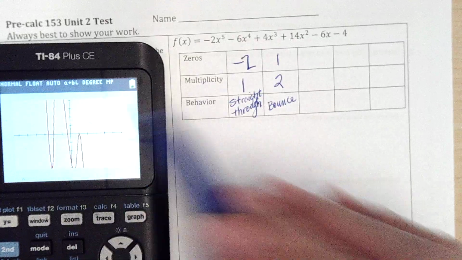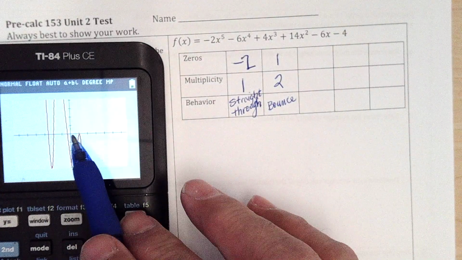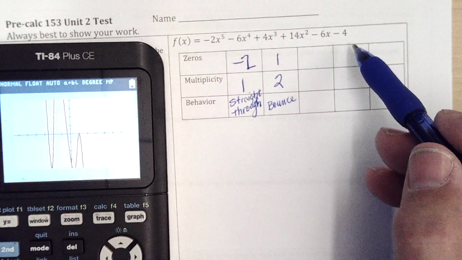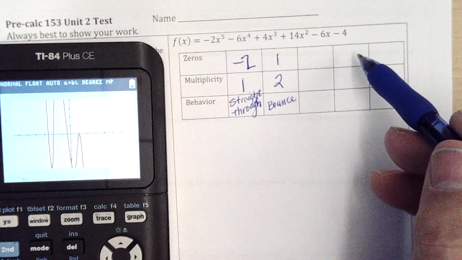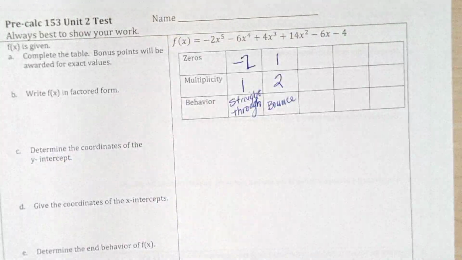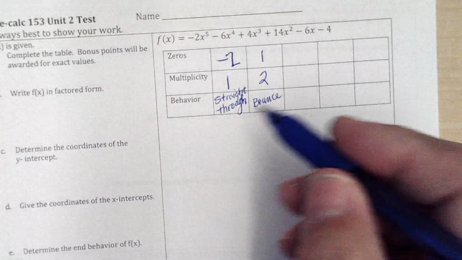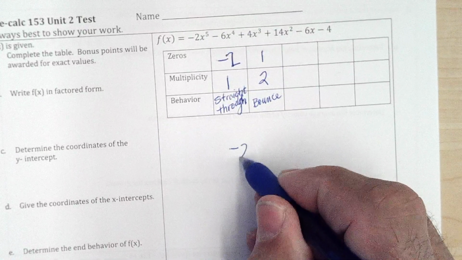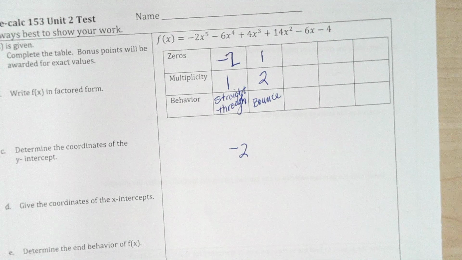They're there and there. To find those exactly, like I was kind of hoping you would do for this, we're going to do some synthetic division. So we're going to write down the coefficients of this thing in order of power. The degree is 5, and we have -2 of x to the fifths.